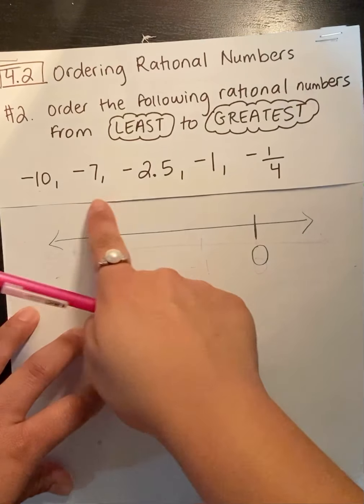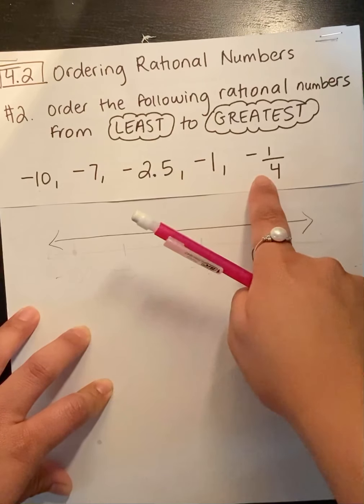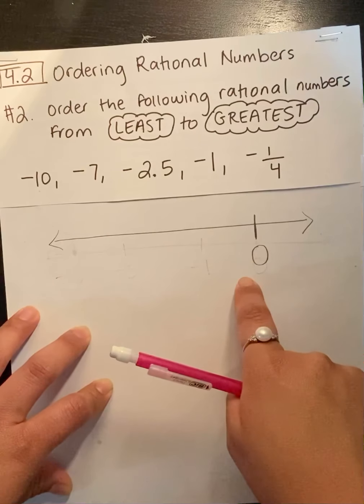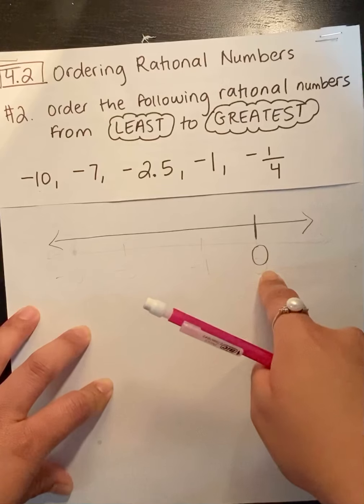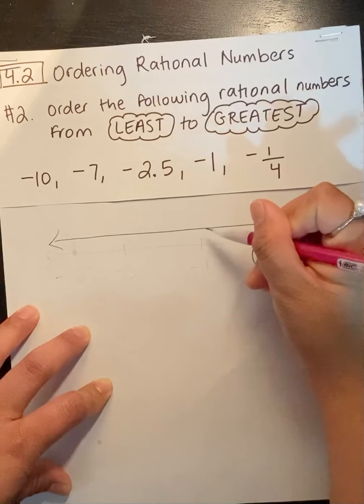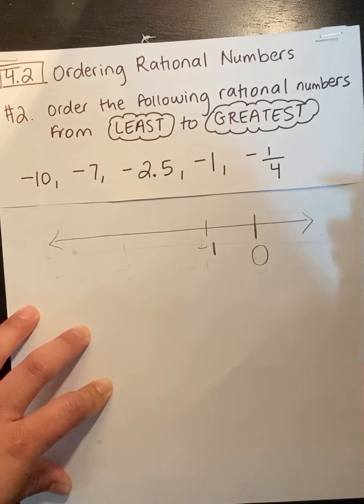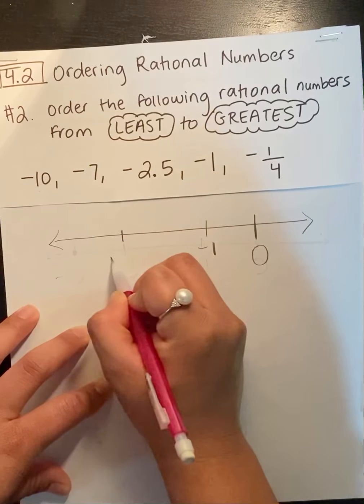Because all these numbers are negative, they will all be to the left of 0. The number line doesn't have to be very detailed. So to help me get started, I can start with -1. And I can write -5.